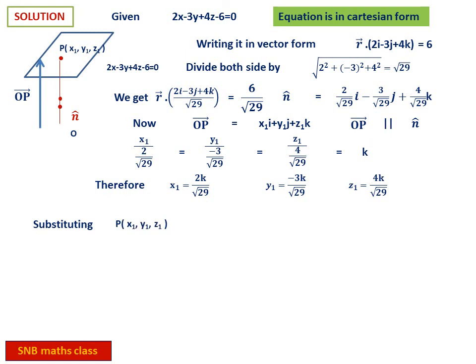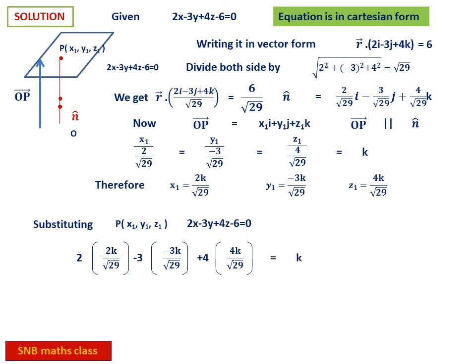Therefore, substituting this point (x1, y1, z1) in the equation, what do we get? 2 into 2k by square root of 29 minus 3 into minus 3k by square root of 29 plus 4 into 4k by square root of 29. This should be equal to 6. Simplifying, we get k equal to 6 by root 29. So the k value is 6 by root 29.